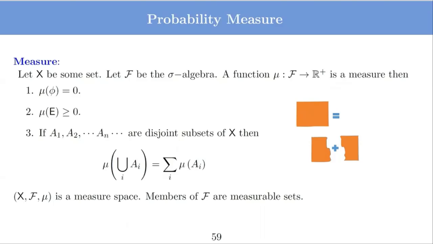In simple words, if you see this orange rectangle and divide it into two disjoint parts, then the size of the original rectangle should be equal to the summation of the sizes of these two parts. That's a very intuitive thing about measures. Take length: if you take a line and break it into two parts, the sum of the lengths of the two parts should be equal to the length of the complete line.